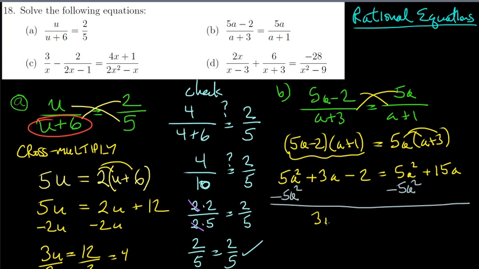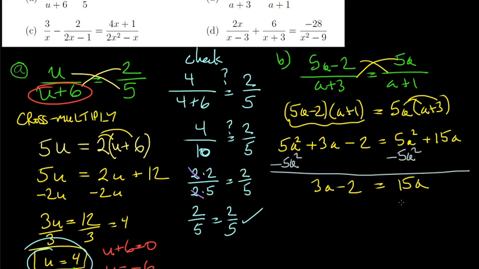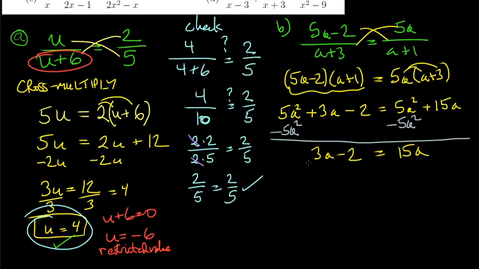So really, we just have 3a minus 2 equals 15a. So no a squared anymore. This is just a linear equation.